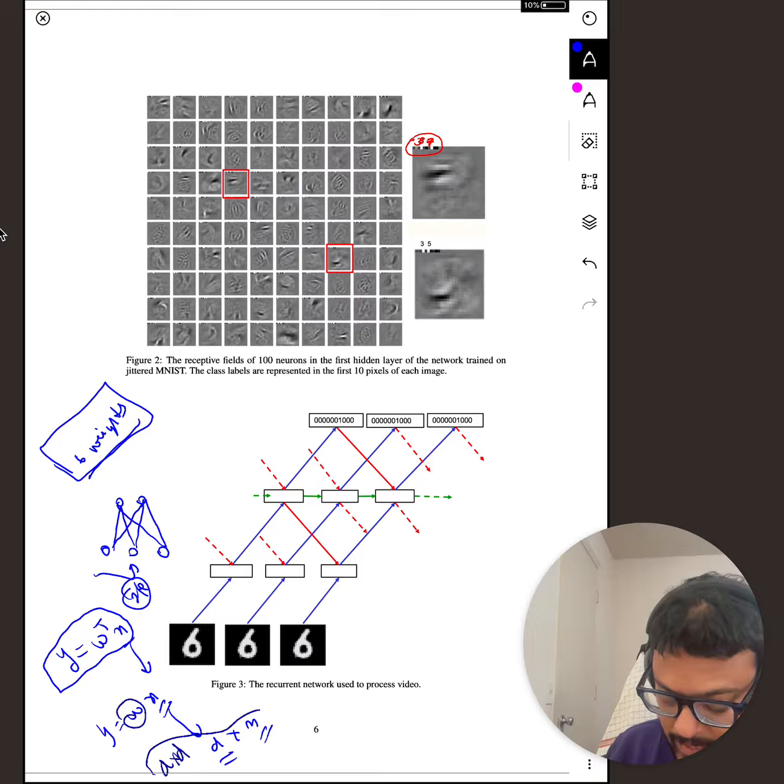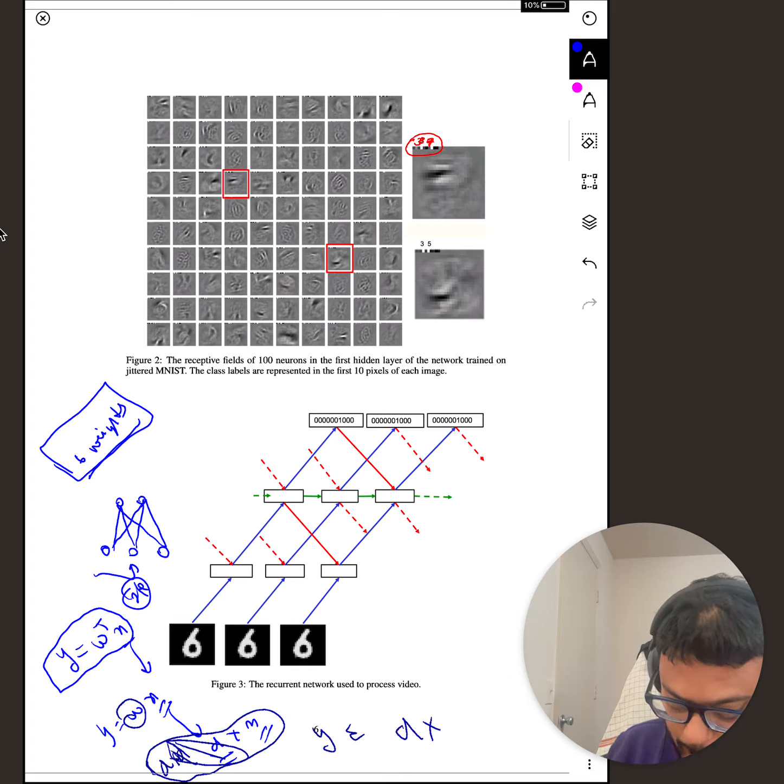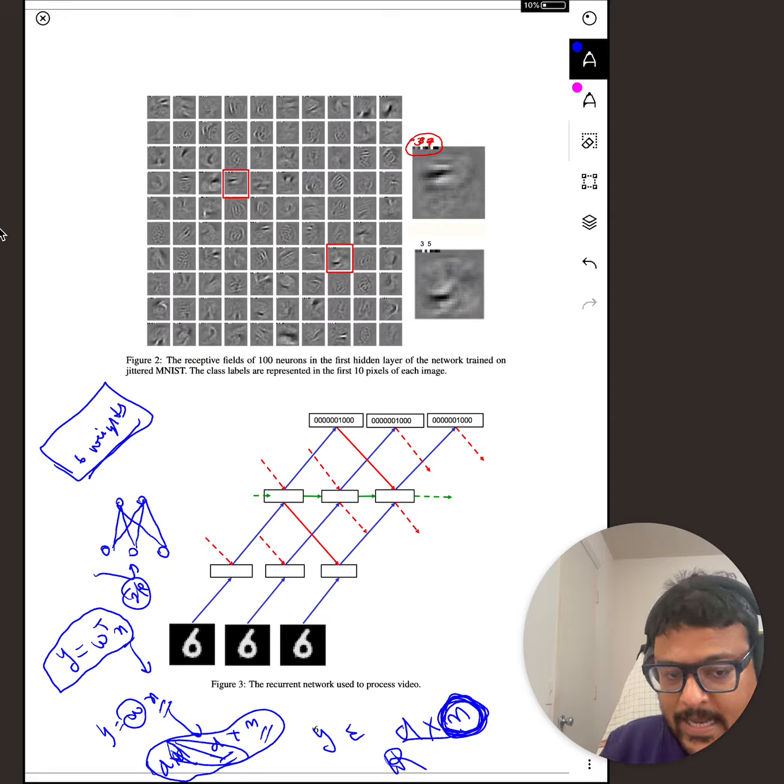Once you multiply this, the inner dimension cancels out, and your y will be of dimensionality d cross n. Now what is happening here is that the size of the output is scaling with the size of the input. And this is a fundamentally wrong concept, because if your input is very big, then your output's memory is also increasing.